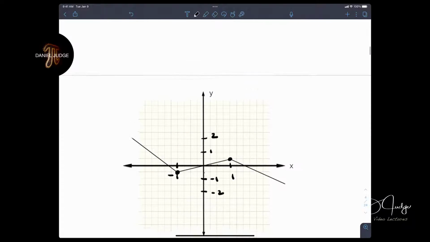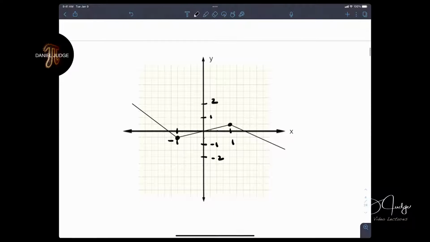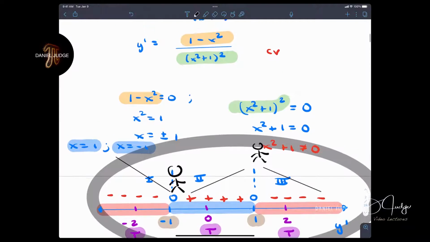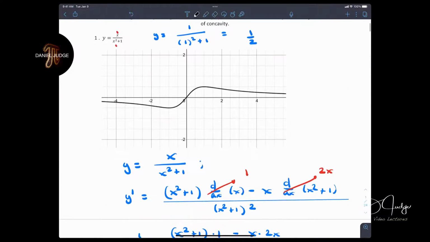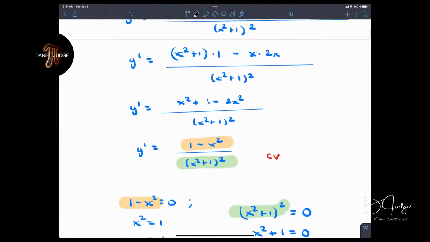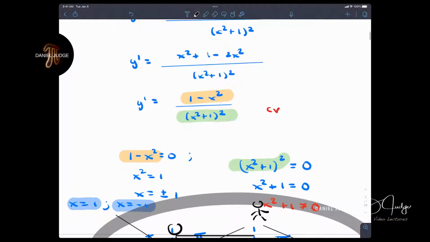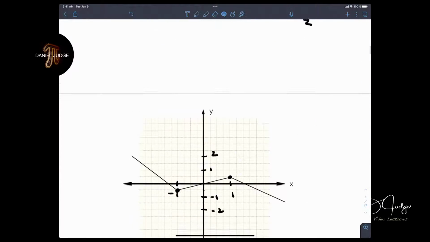Okay, and so you might say, well, what about the second derivative now? We got the first derivative. How does this behave in terms of concavity, right? Let's get that first derivative. We now need the second derivative for this function.